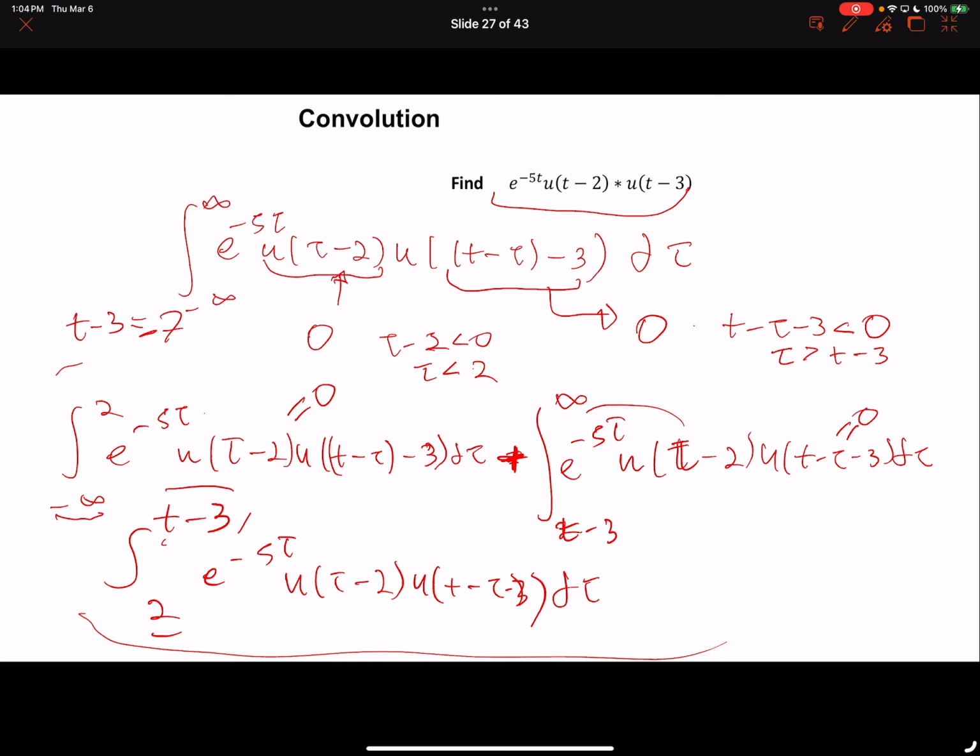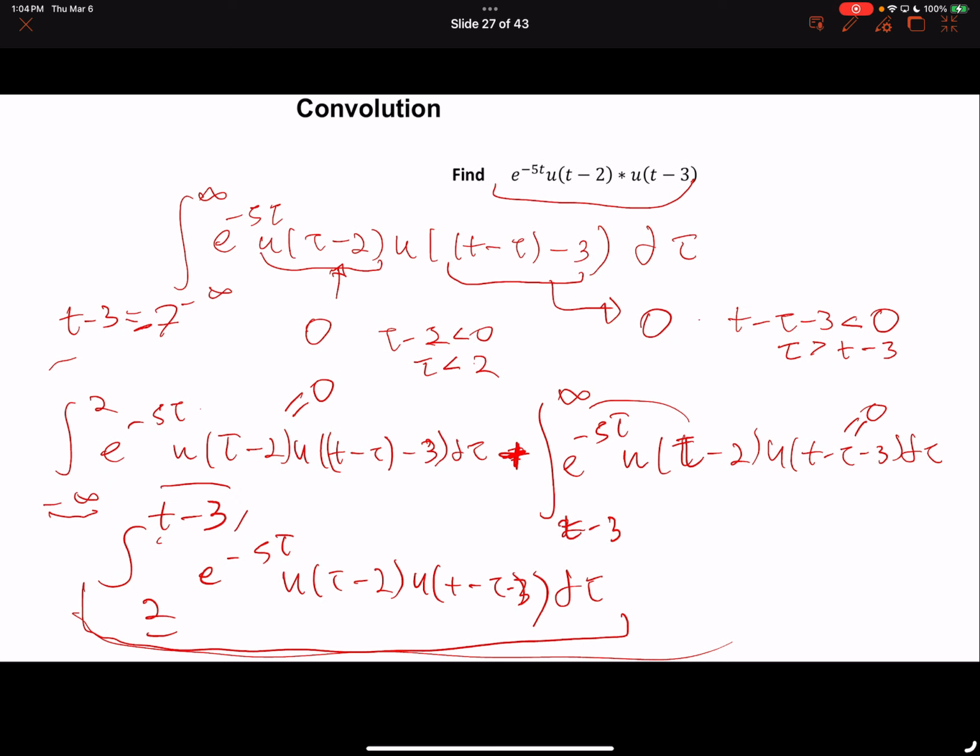And so as a result, we need to get rid of this integral contribution whenever t minus 3, the upper limit, is less than the lower limit. So what we do to get rid of it is we multiply it by 0 whenever t minus 3 is less than 2.